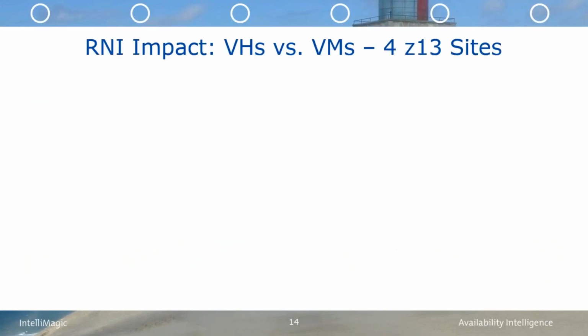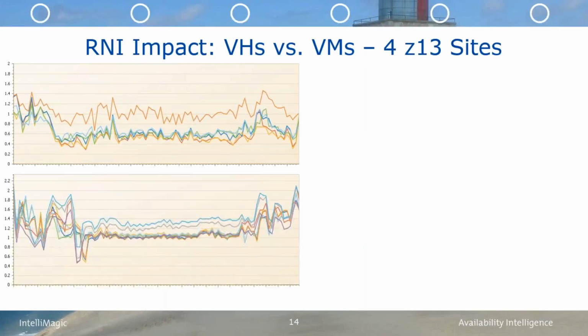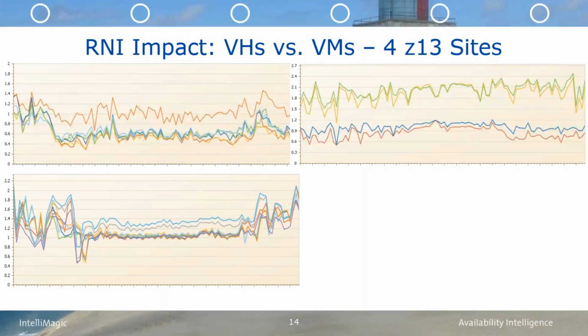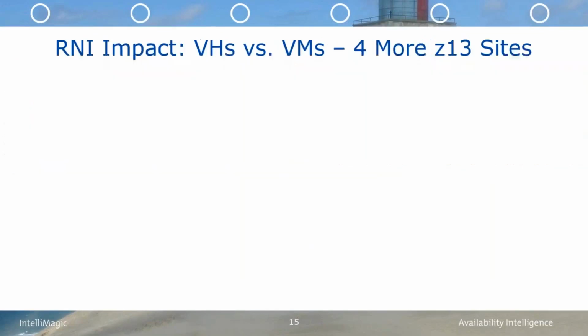So here are examples from 4 other z13 sites, all also reflecting measurable differences in RNI values between the vertical highs and the vertical mediums. The first example, there's a 57% difference. The second example, a 22% difference. Then 113% difference. And finally, a 15% difference. So in each case, the identification of vertical highs and vertical mediums is apparent on the chart from the differences in RNI values.